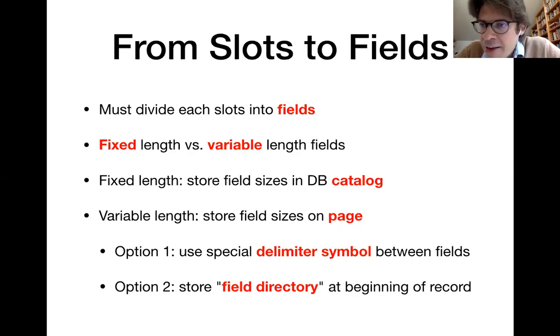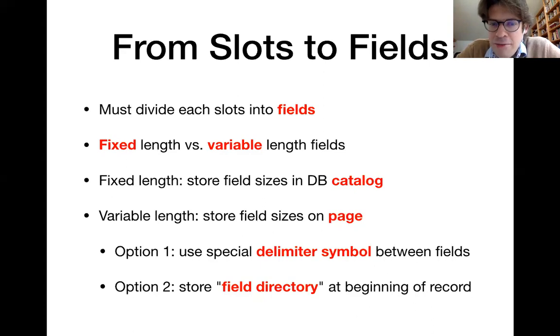For fixed length fields, for instance, if all the columns in your table are integer columns, then we can just store the fixed length per column in our database catalog, and we don't need to store any additional metadata on the page itself in order to divide the slot into fields.